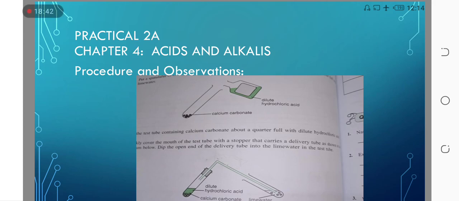When sodium carbonate and dilute nitric acid react with each other, again white precipitates are formed and carbon dioxide gas is formed. So you should keep in mind that whenever a dilute acid reacts with a carbonate, it turns the lime water milky and always carbon dioxide gas is produced.